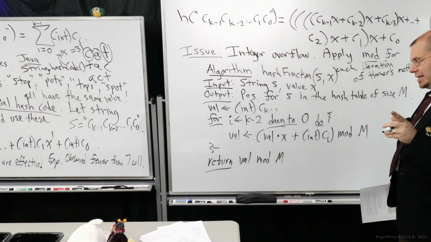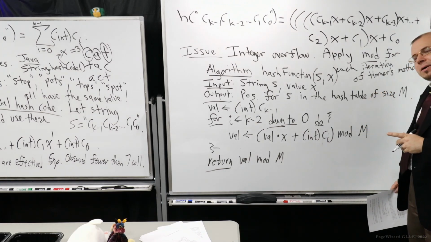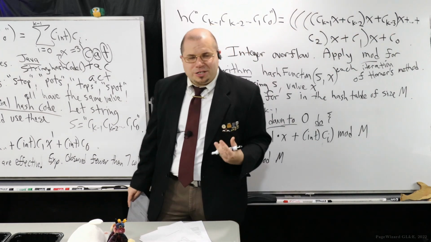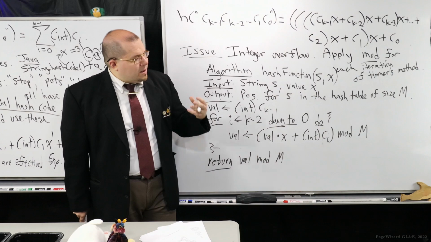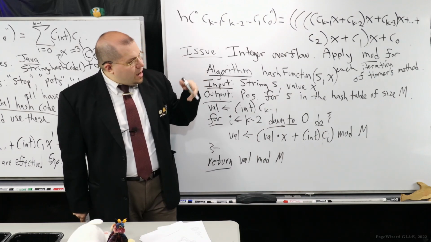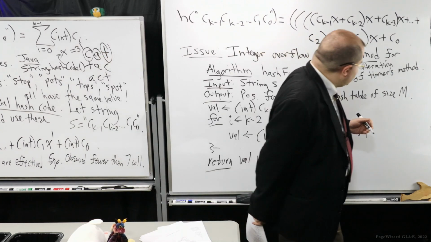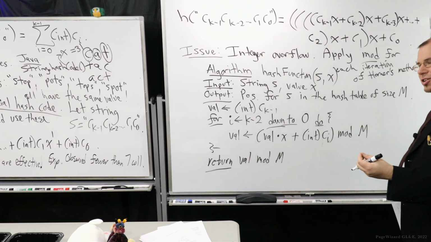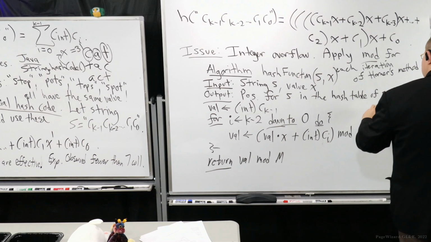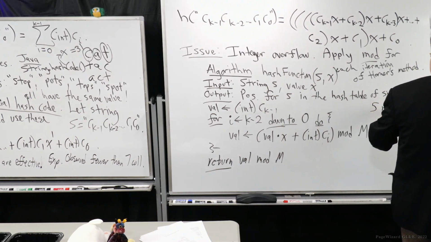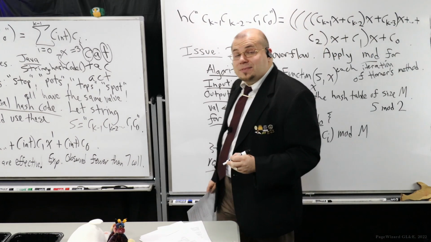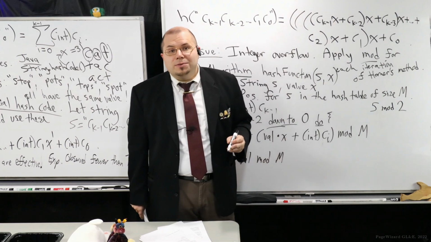Just to be clear why we're going mod m, why do we need that for our compression map? Why is the compression map mod m? Well, think about it. If you've never heard of mod before, just think of integer remainder. For example, if I take the number 5 and divide it by 2, it goes in twice.